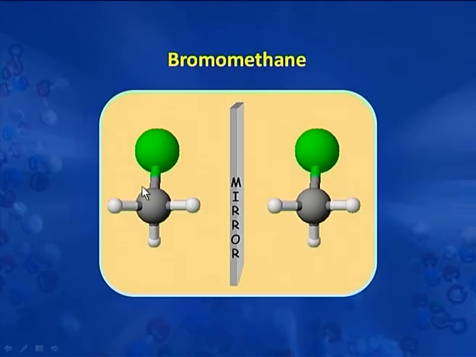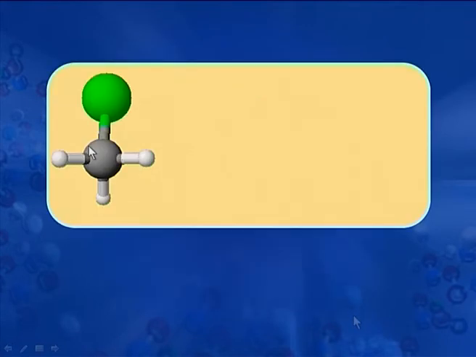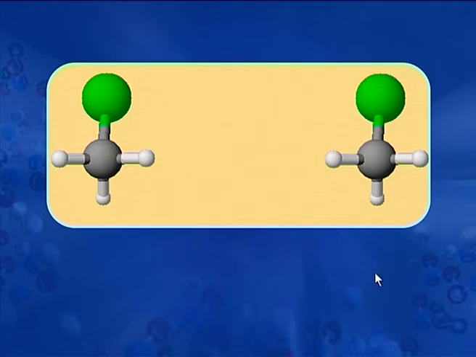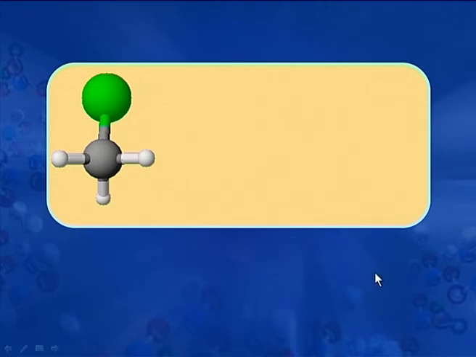Let us take up another molecule, bromomethane, in which one of the hydrogens has been replaced by bromine in the methane molecule. So, this is bromomethane, this is its mirror image. Let us see whether these are superimposable or not. Let us try to superimpose the two.